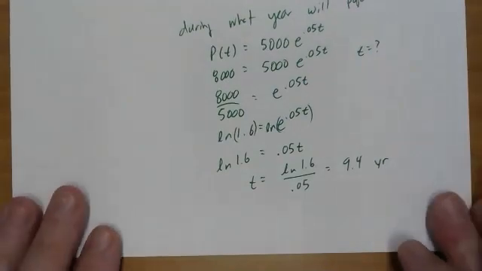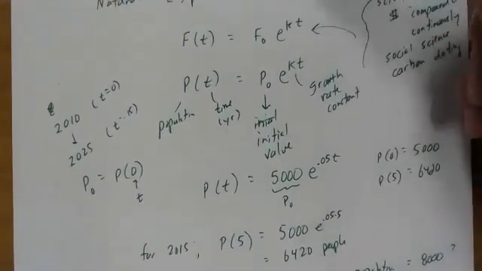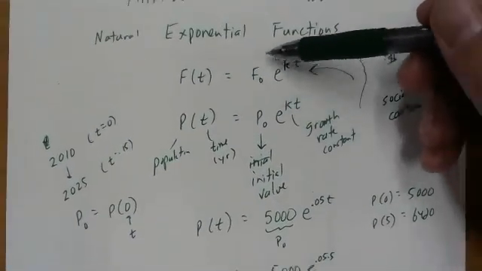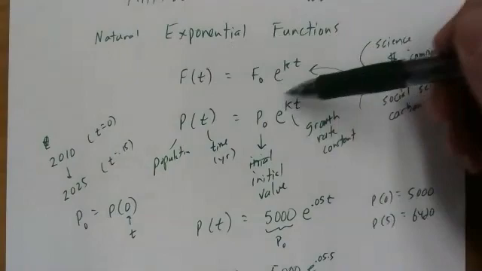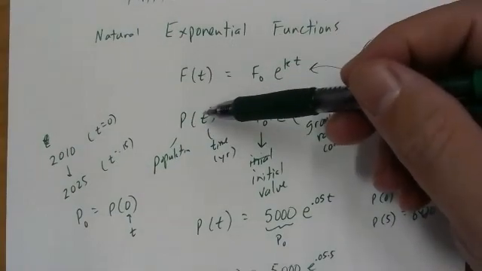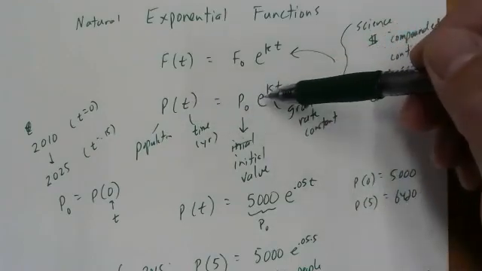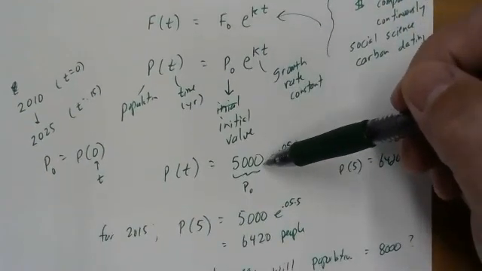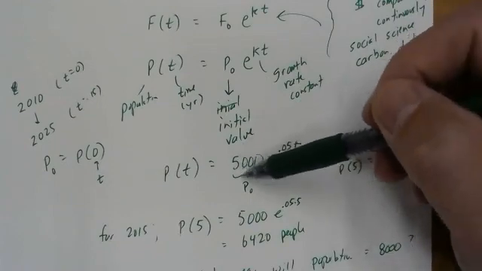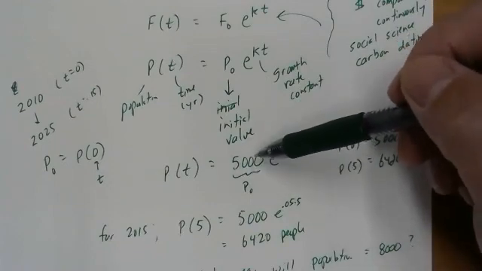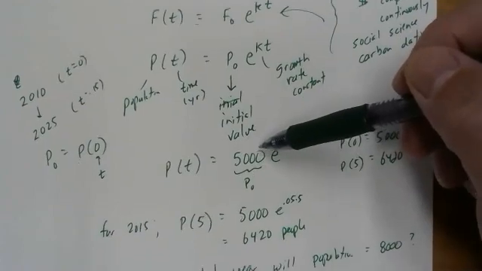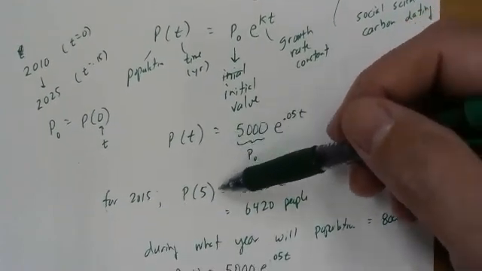So let's take a quick step back. What have we done? We have looked at the basic natural exponential function. We decided to do a more concrete example of looking at population growth. And I've made up a little problem here for a small town that starts out with 5,000 people. And we can look at future years and determine what the size of the population could be.